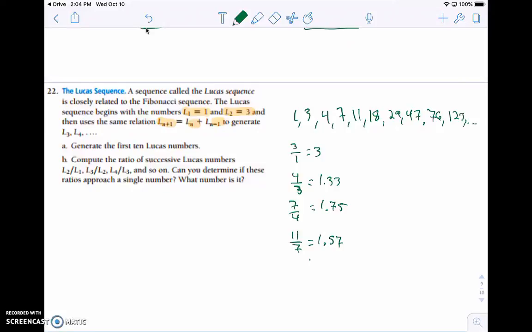And if you continue this on down, this will eventually approach a single number. And the question for you that you'll answer in your homework is, what number does this approach? And again, this is just a different sequence that we're looking at called the Lucas sequence. And it's kind of fun to play around with.